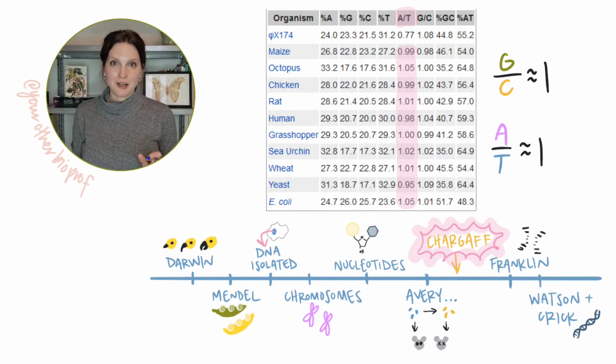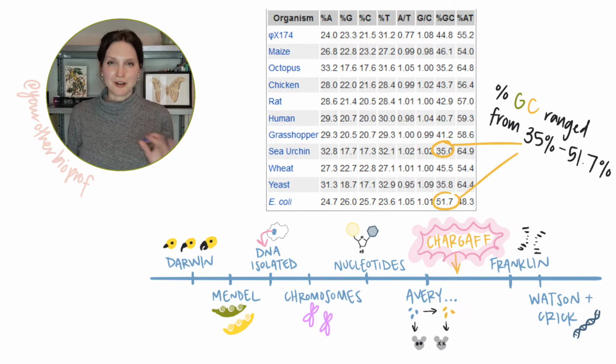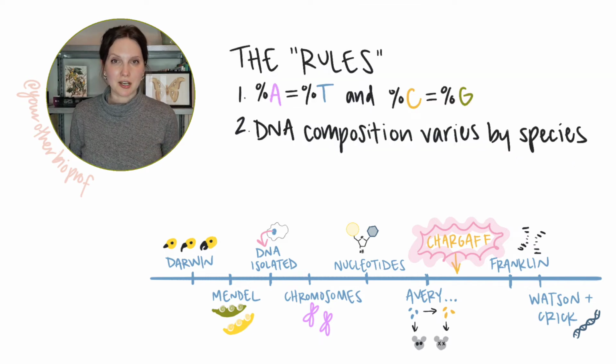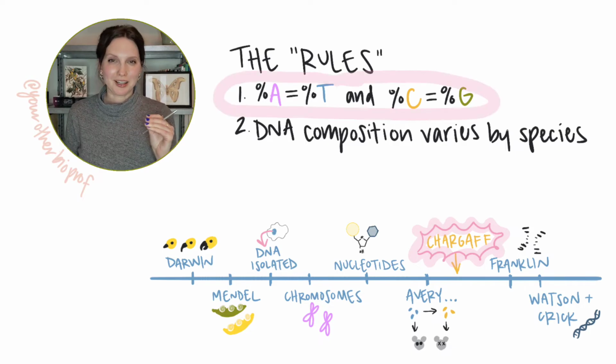Another important finding from Chargaff was that DNA does in fact vary between species. Now, this helped to falsify that tetranucleotide hypothesis and give more weight to the idea of DNA as the genetic material. But it's really that first rule that you got to keep in mind for solving most of these problems.